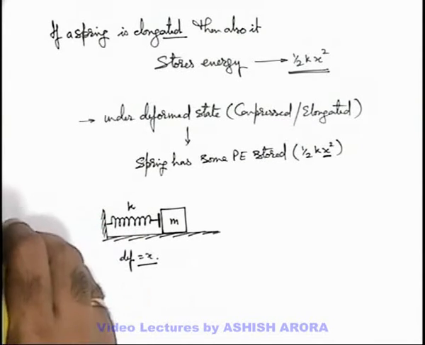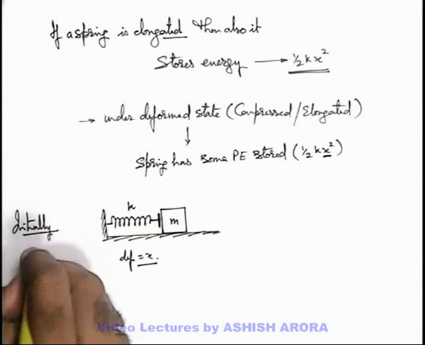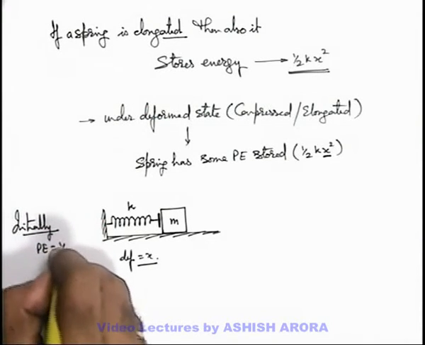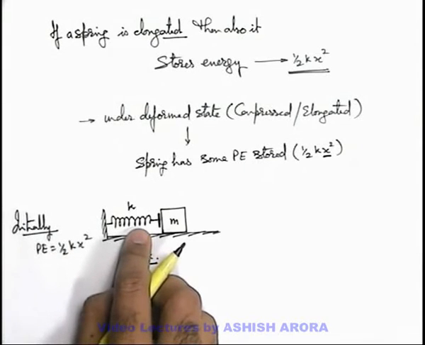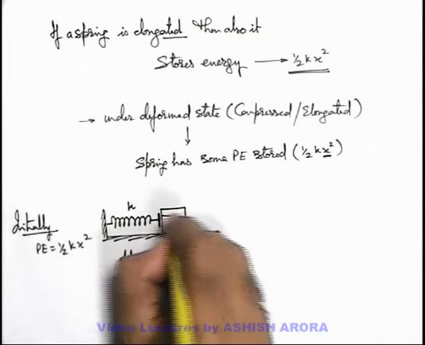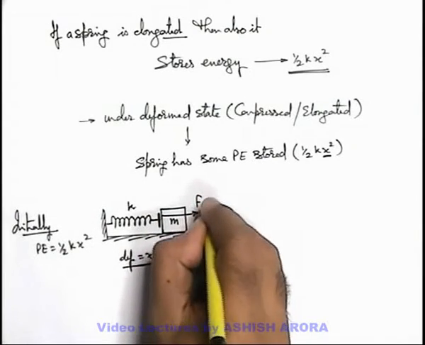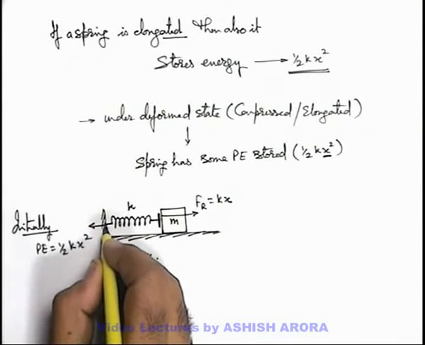That means initially the potential energy stored in the spring is half kx square. Since it is deformed by distance x, it must be applying a restoring force kx on the block. Obviously it will exert the same force on the wall also.